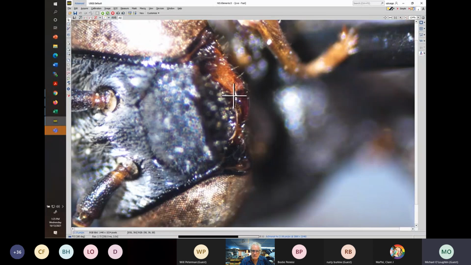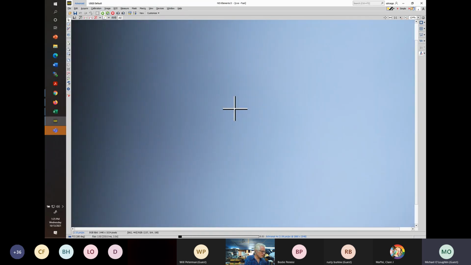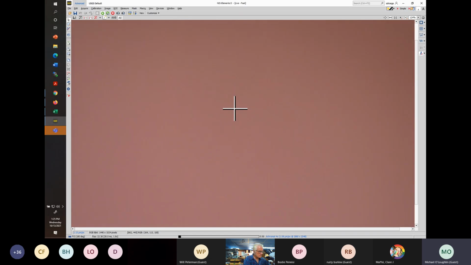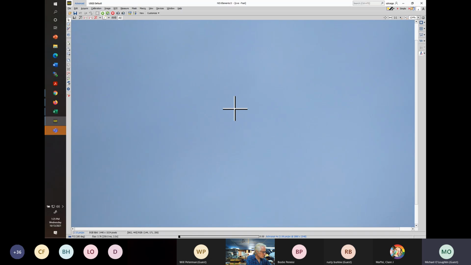It's hard to see again, but I believe that's the tooth there. We'll try and pull out some more specimens. I have several in my box, and take a quick look at that. Let's do that now before we get to the female, just to make sure that this tooth business is accurate.